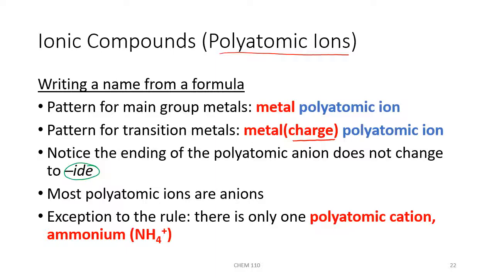So that's a new change. We don't have to change it. We just name it exactly as it is. And since most of the polyatomic ions are anions specifically, that means they're going to come second in our naming. There's only one polyatomic cation on your list, which is the ammonium ion, or NH4+.